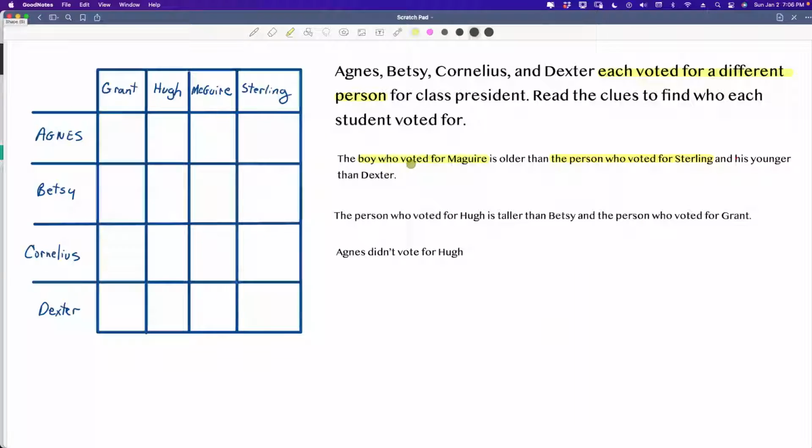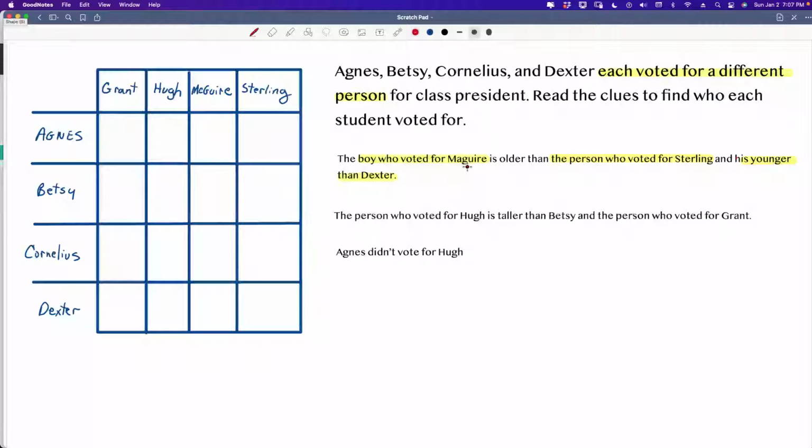And the boy who voted for McGuire is also younger than Dexter. So this is a person, this is a person, and this is a person. There's three different people in this conversation.